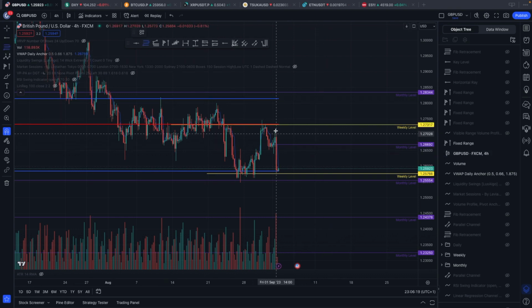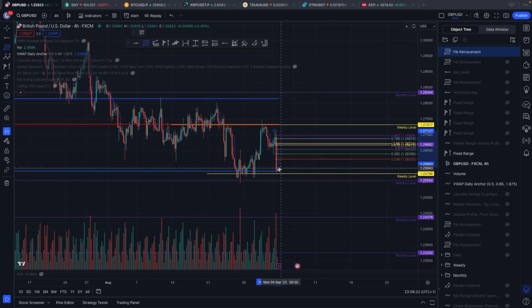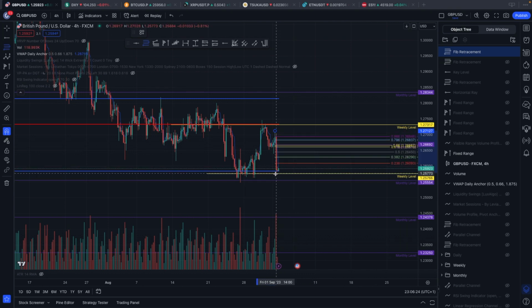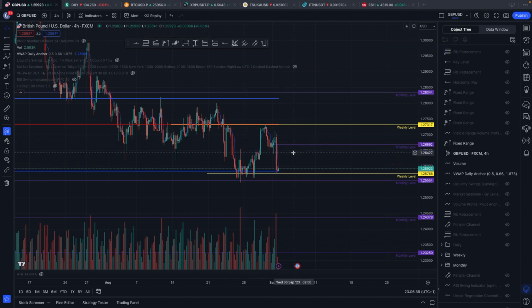We've got to hit the 0.5 at least, and then we can come back down. That would be my short, and my long would obviously be where we are now.